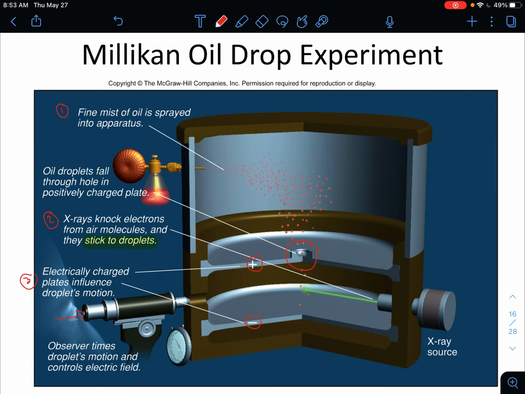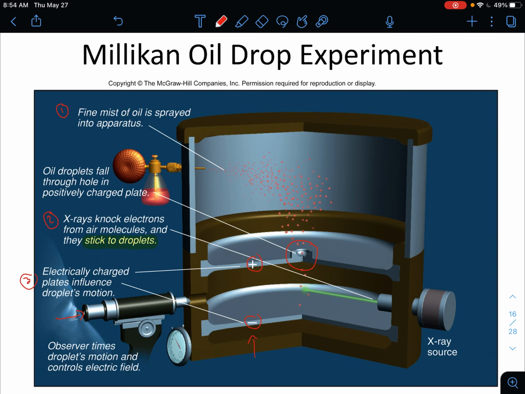Remember, these oil droplets arriving in the second chamber have some number of electrons adhered to them, so they have some amount of negative charge. Notice that the bottom plate is negatively charged. So if I increase the field strength sufficiently, there's going to be a repulsion from that negatively charged plate, and an attraction from the positively charged plate, that will enable the droplet to be suspended in that second chamber.